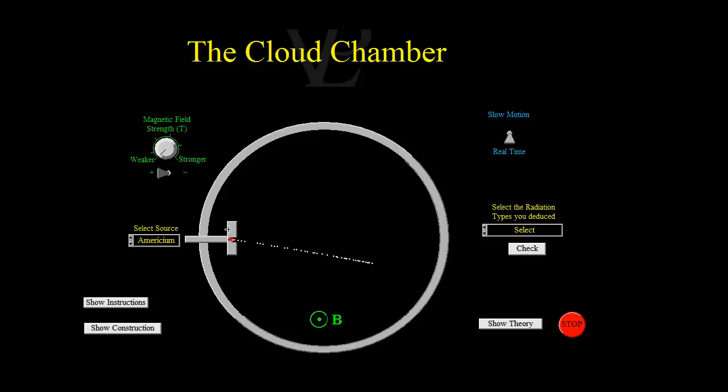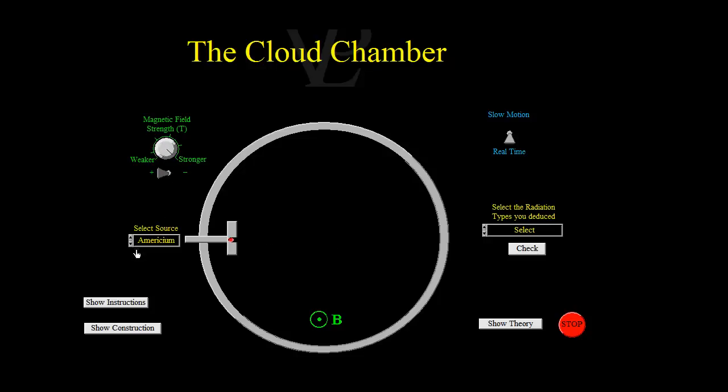Now, beta particles are charged, alpha particles are charged, so in a magnetic field they should also bend, and they should bend in the opposite way to the negative electrons. But because a helium nucleus is so much more massive than an electron, I would need a much, much bigger force in order to see the curvature.